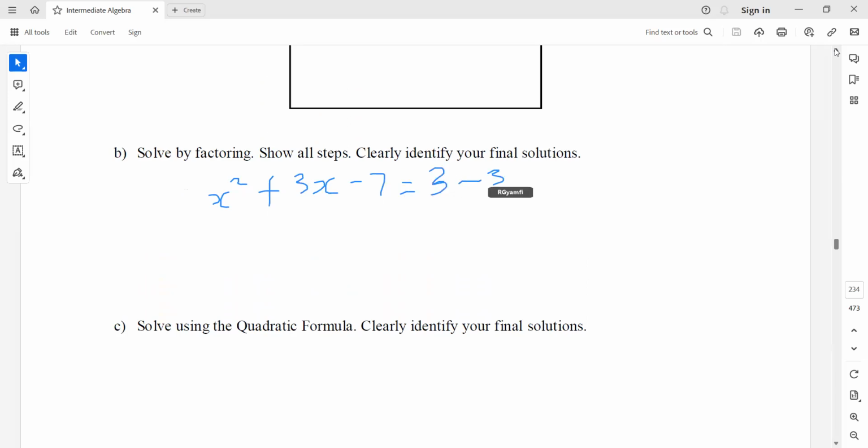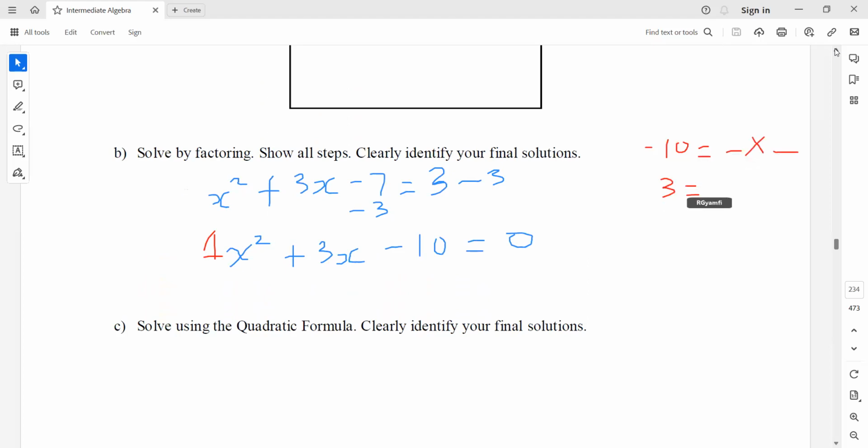So again, I'm going to subtract 3 on both sides. I'm going to have x squared plus 3x minus 10 equals 0. So my AC method, now remember, A is 1. So A times C is going to be negative 10. I need two numbers that would multiply to give me that, and then I have 3. The same two numbers should give me that.